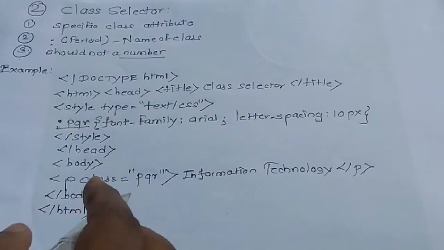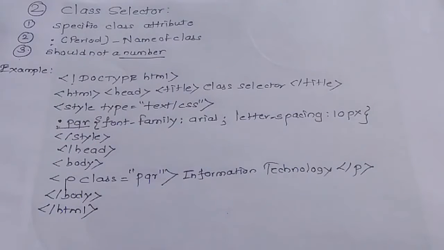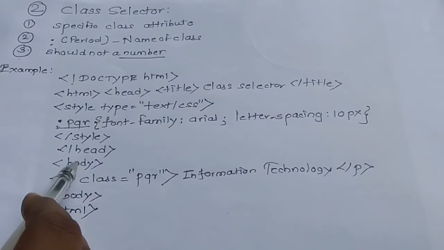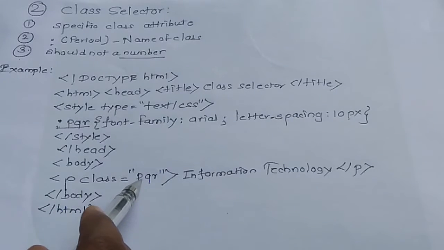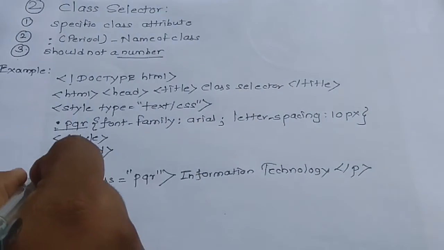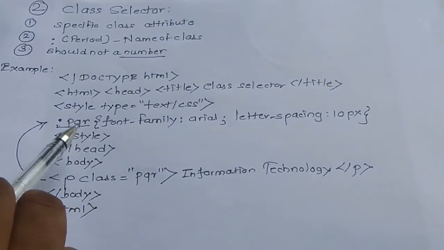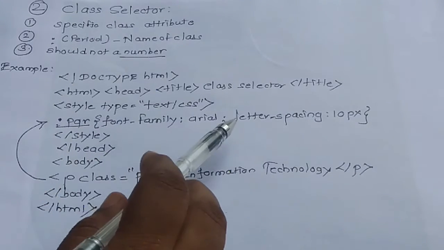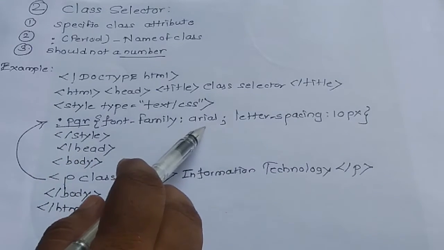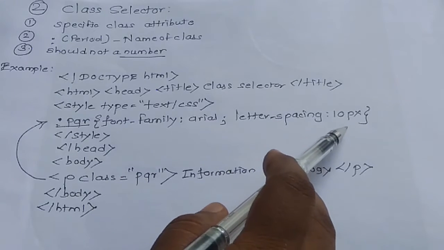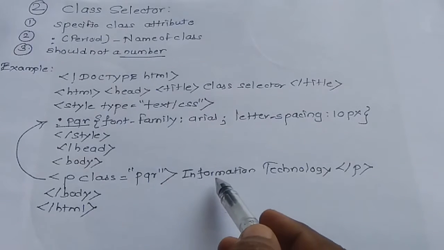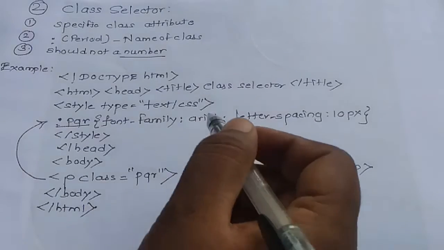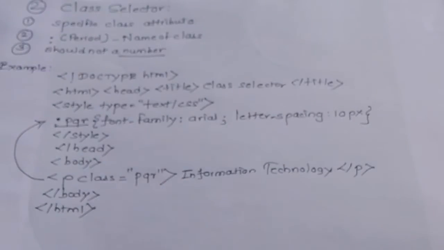Now let's see the execution of this. When you run the HTML program, first it will go to the body tag, then it will find p class is equal to PQR. The PQR class is defined in the above section, so it will find .pqr, where the properties are assigned, that is font-family as Arial and letter-spacing as 10 pixels for the text information technology. So when you run this code, the font name will appear as Arial and the letter spacing will be 10 pixels.